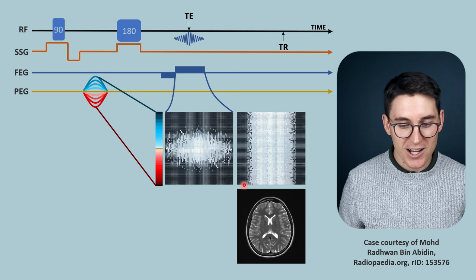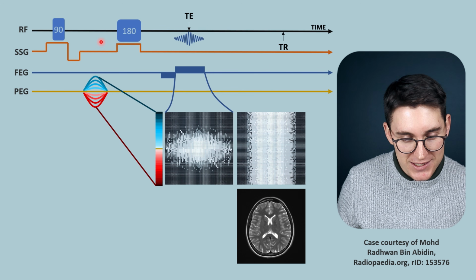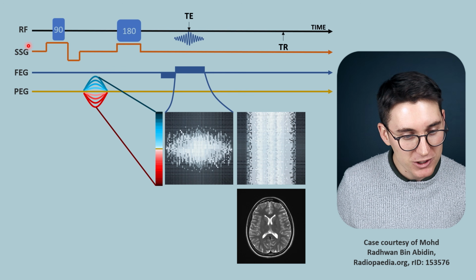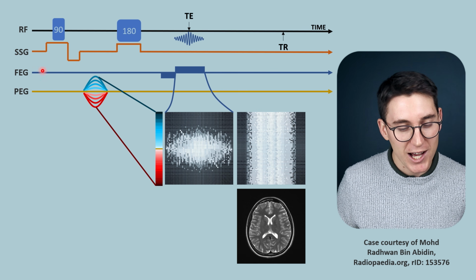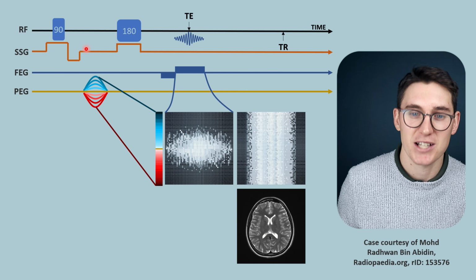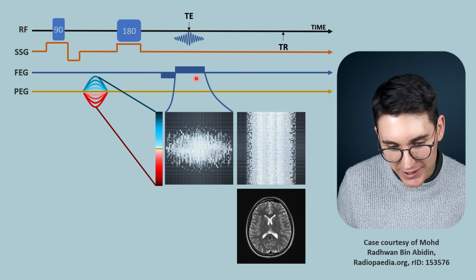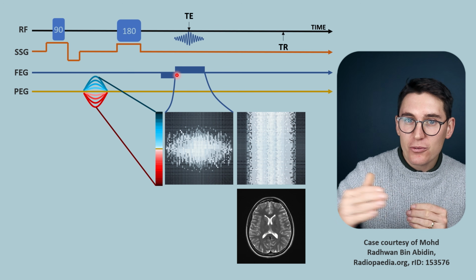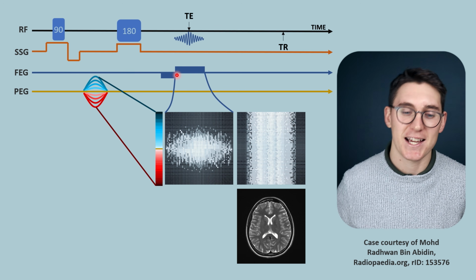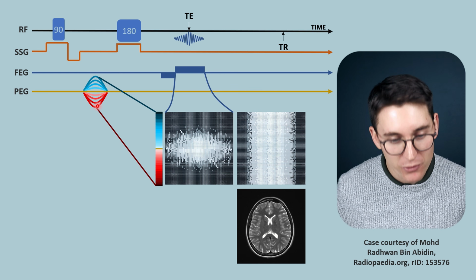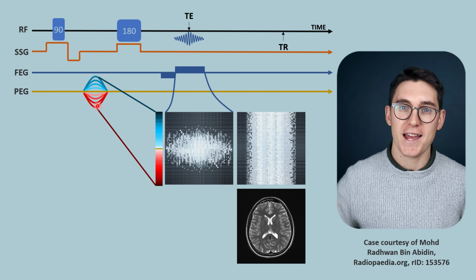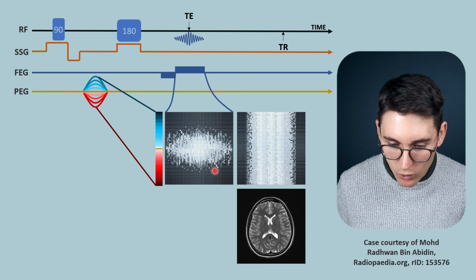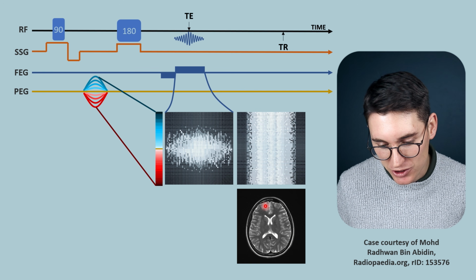So to summarize, we've used a simple pulse sequence using multiple different gradients to allow us to select a specific slice, delineate the signal based on frequencies along the x-axis, and then use multiple phase encoding steps along the y-axis, combining all of those data sets to create our final image here.